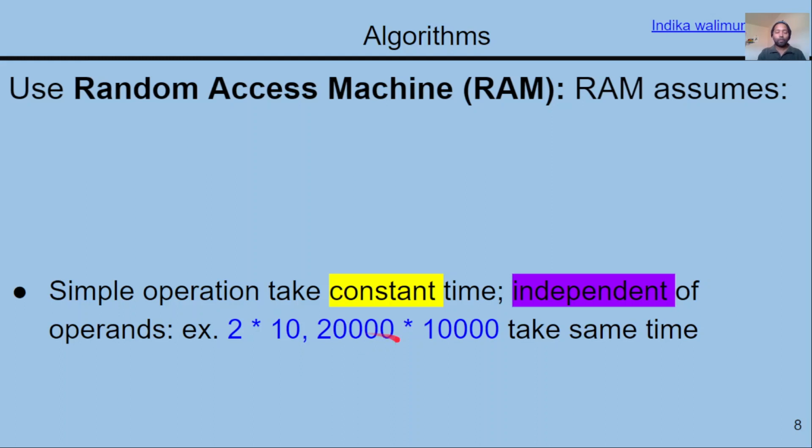We know that this is a strong assumption actually, and if the operands are really large, it takes a bit longer to run a multiplication. But that time difference, you will see, we can easily neglect in this theoretical development of the framework.